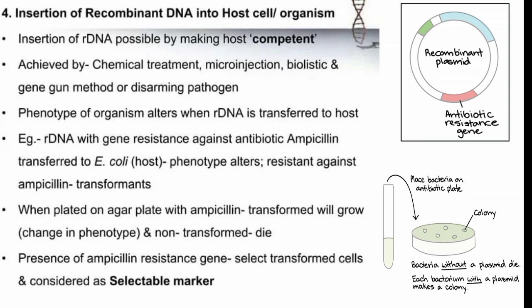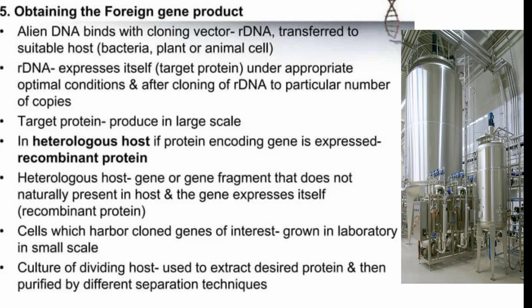When placed on agar plates with ampicillin, the transformed will grow, showing the change in phenotype, and the non-transformed will die. The presence of the ampicillin resistance gene selects the transformed and is considered a selectable marker, and I have also talked about the lactose beta-gal gene for screening.